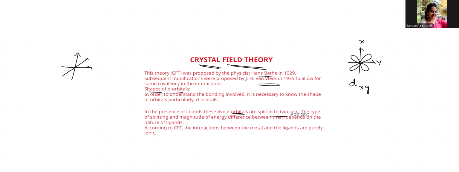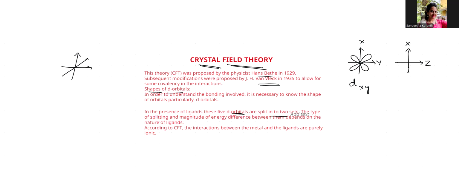Now, we know that all these coordinate axes, x, y, and z, are mutually perpendicular to each other. So for simplicity, let me take this as z and this as x again. Let me repeat why I'm taking it as z here: because all these 3 axes are perpendicular to each other, I can take x and z or x and y as the axes for simplicity when showing it in 2D, so that it is easy for us to understand.